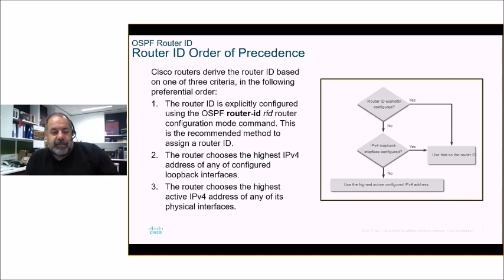If there are no loopback interfaces, it will then look at physical interfaces, and those interfaces need to be up, otherwise it might not use the IP addresses. That's why we prefer either router-id or loopback interfaces, because that's a more reliable way of assigning a router ID.